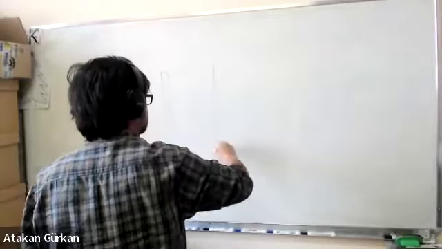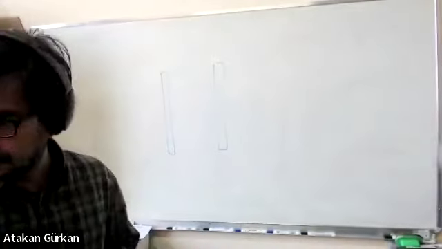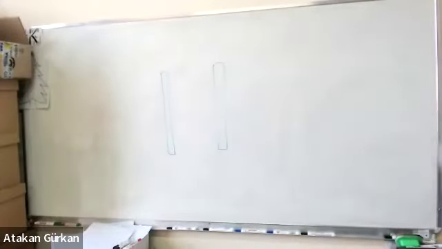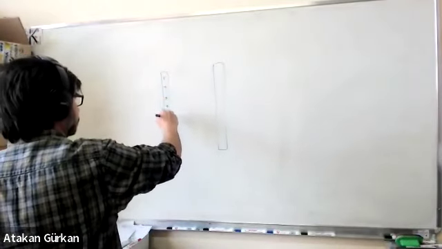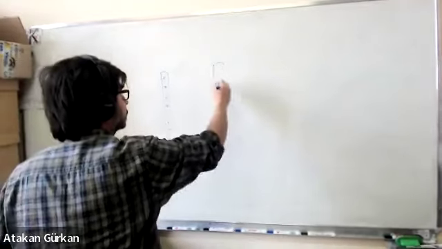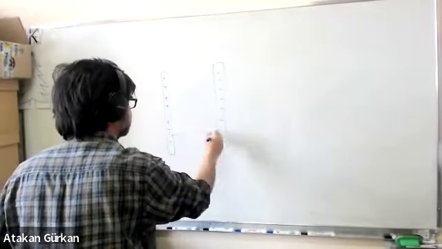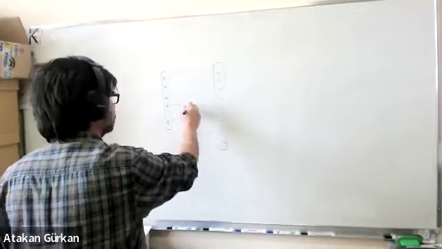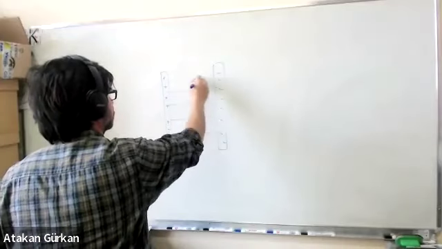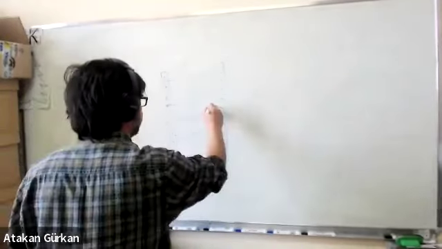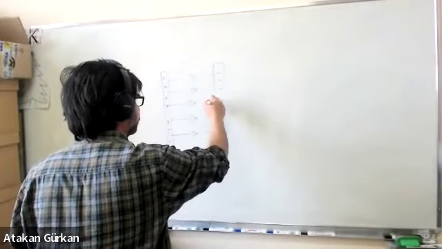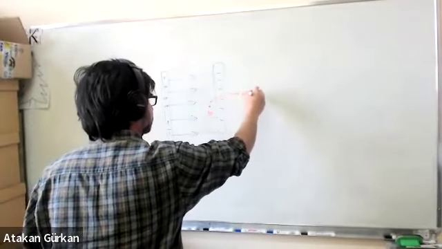One plate like this, another one like this. Which one is positively charged? The one on the left is positively charged, and this one is negatively charged. So I have some electric field that's produced by these charge distributions, and I have an electron at this point B.